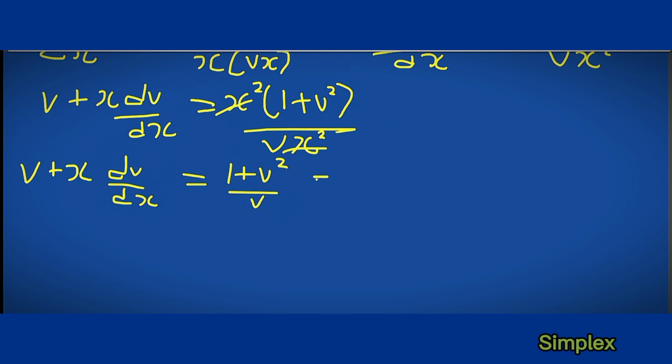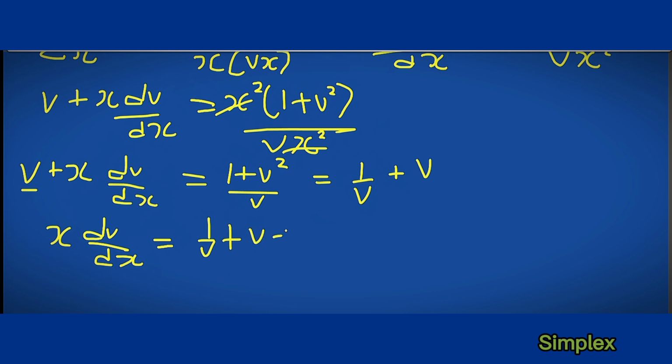This is equal to 1 over v plus v minus v, which is equal to 1 over v.